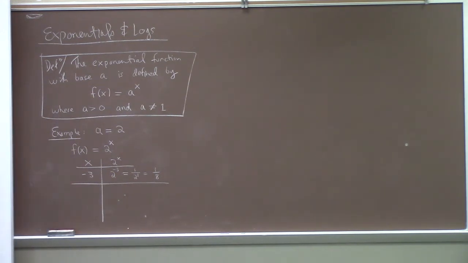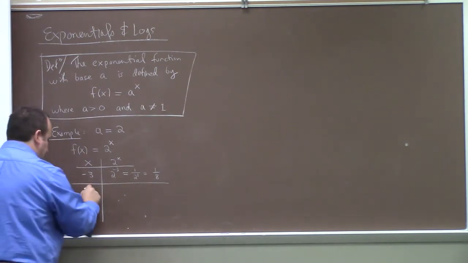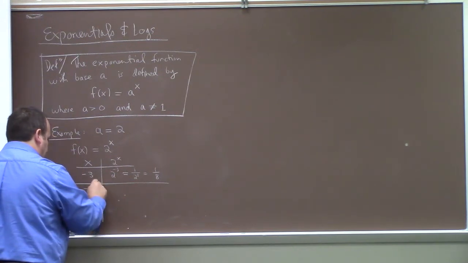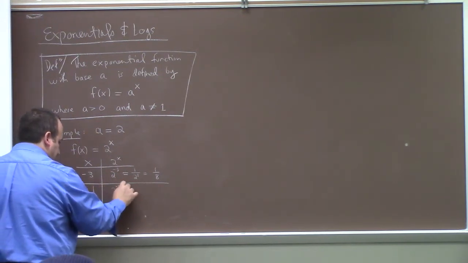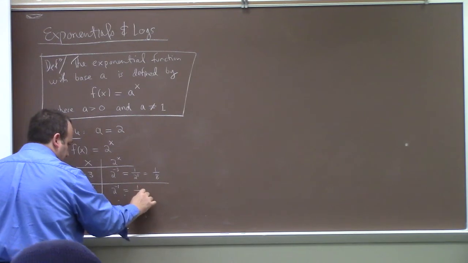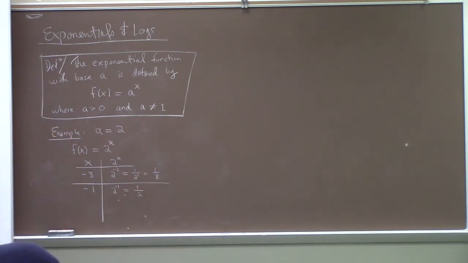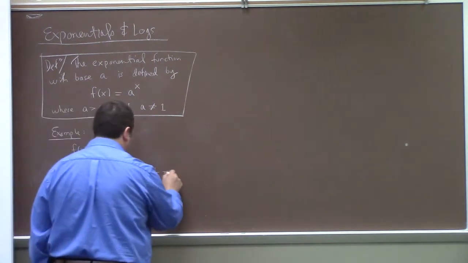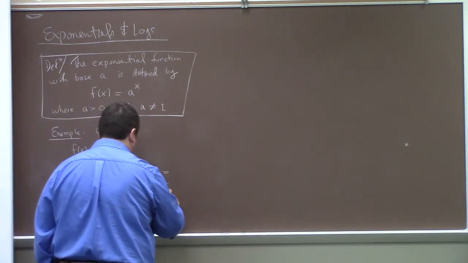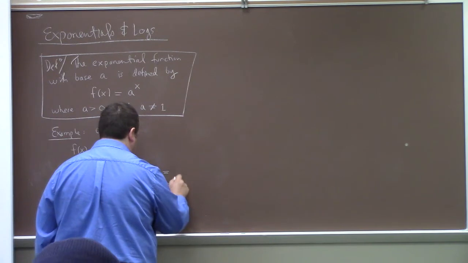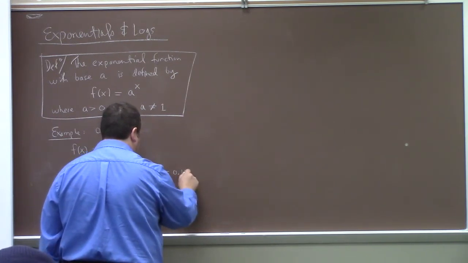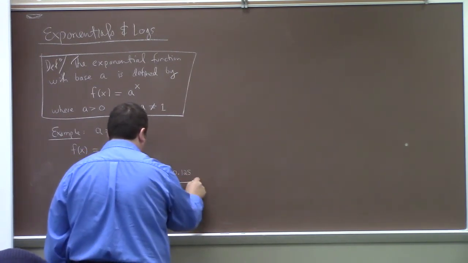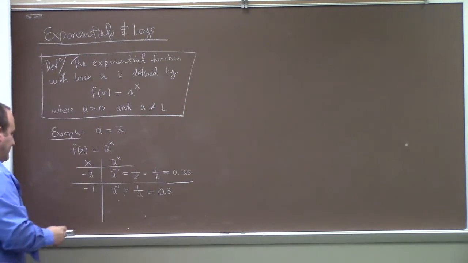Could try, say, minus 1. 2 to the minus 1 is what? It's 1/2. So what's that in terms of decimals? Well, the half is easy enough. That's 0.5. What's 1/8 in decimals? 0.125. Very good.